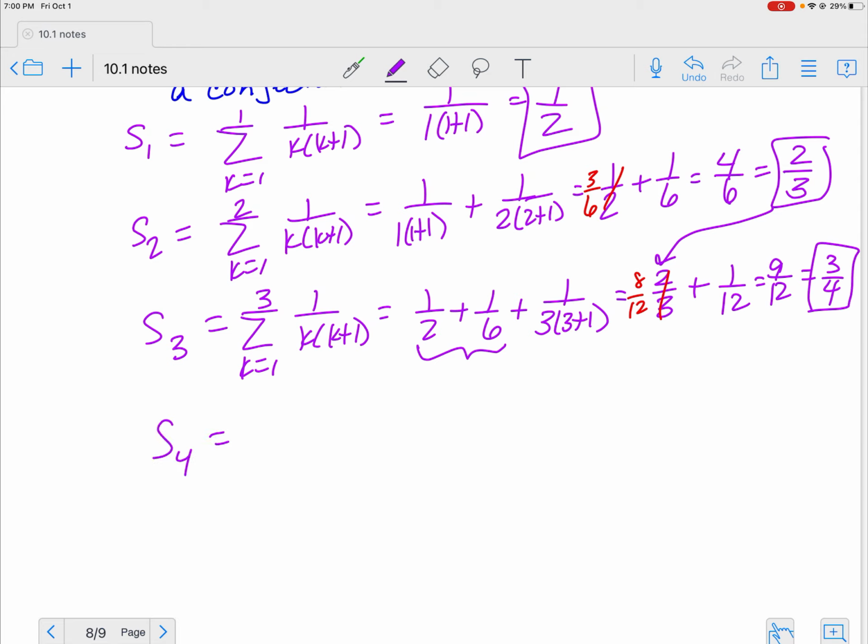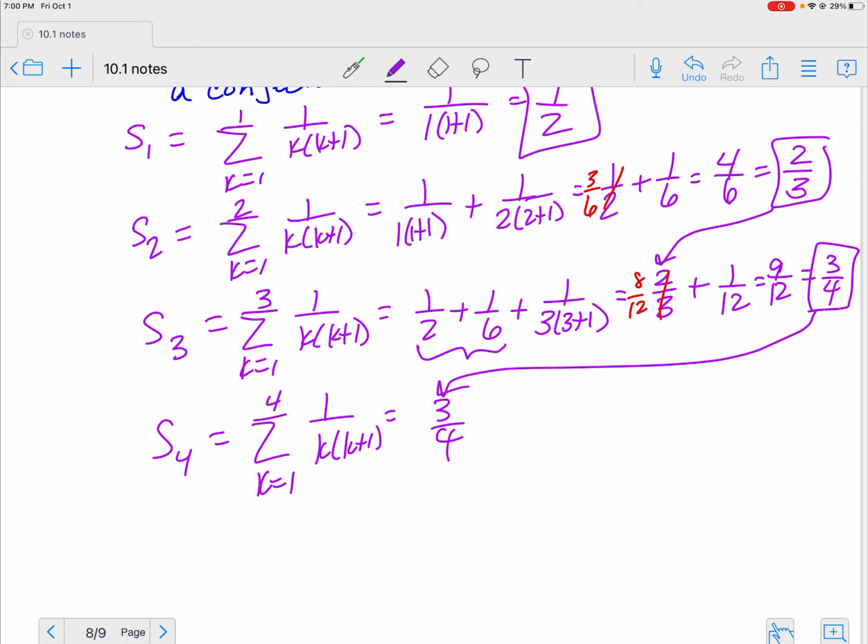Then, now that we've seen this pattern, do you see how this is playing out? We have 1 to 4 of 1 over k times k plus 1. And yes, you can say, oh, I know. This one is happening, so 3/4, that's what the first 3 summed up give you, right? Then I just have to add the fourth one to that. 4 times 4 plus 1.